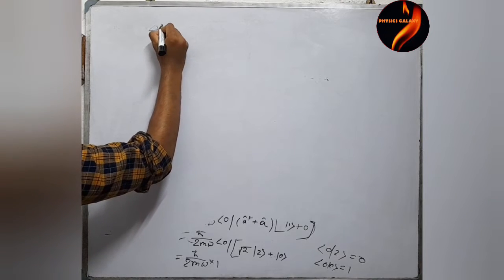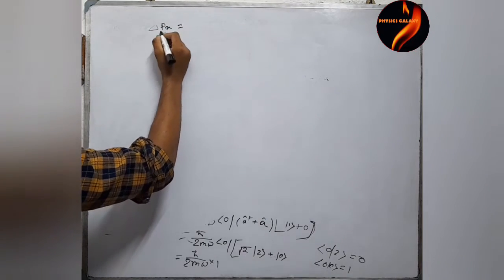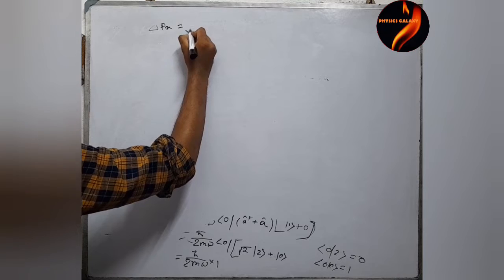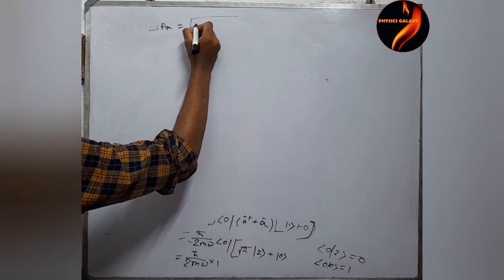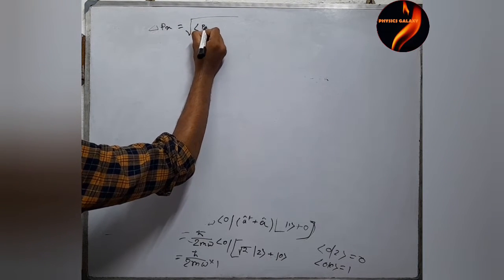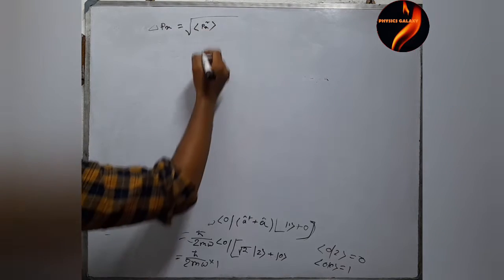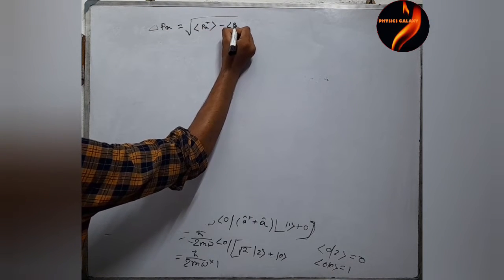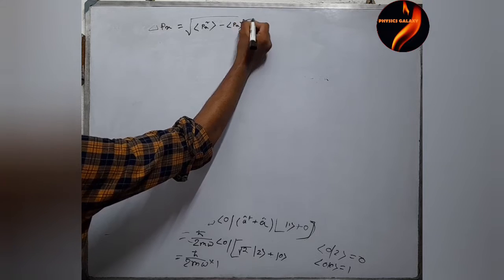We know that Δpx, the deviation in momentum of the particle, should be equal to root over the expectation value of px² minus the expectation value of px, the whole square.